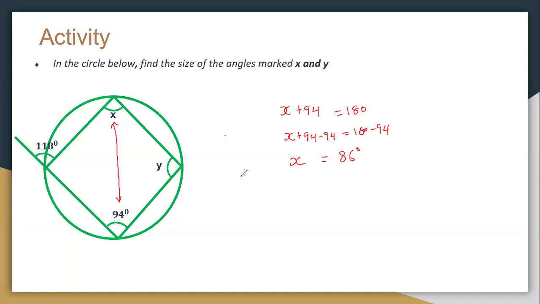Therefore, from the figure above, angle Y is equal to 118 degrees, because 110 degrees is an exterior angle and is equal to Y, the interior opposite angle. Yeah, that is it.